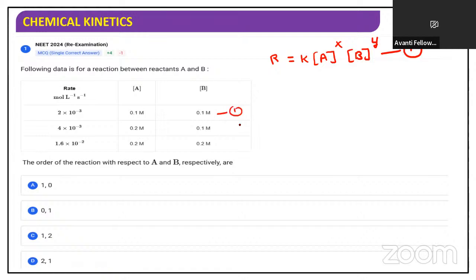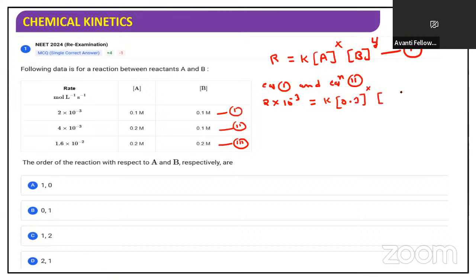So we have three equations: equation number one, equation number two, and this is equation number three, right? So let's see equations 1 and 2. For equation 1, the rate is given, that is, 2 into 10 raised to the power minus 3 is equal to K, and the concentration of A is 0.1 raised to the power x, and concentration of B 0.1 raised to the power y.